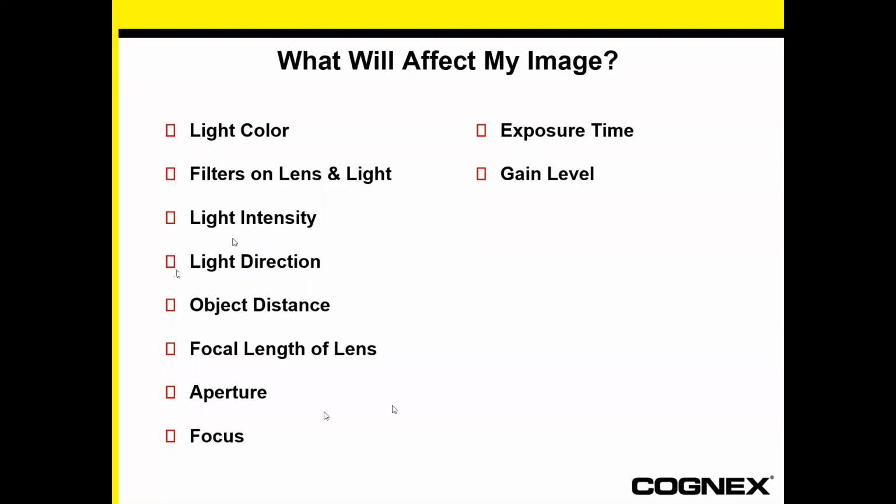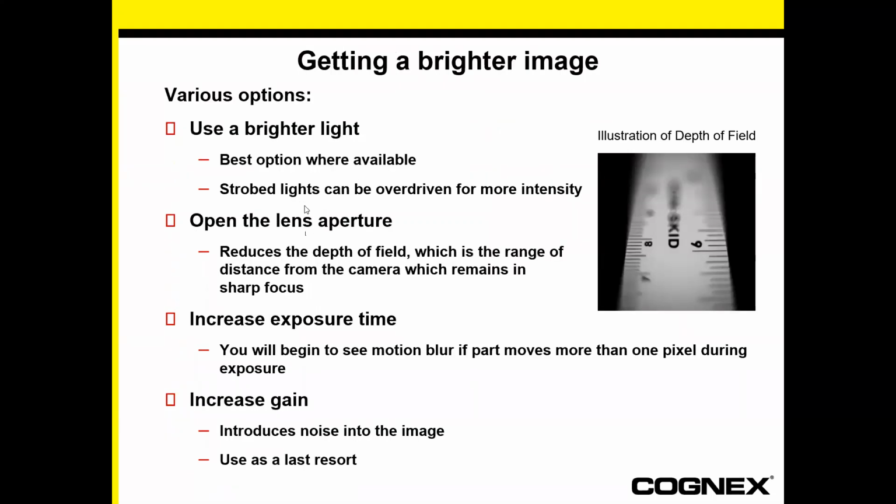So there are lots of things that we need to consider when looking at an image, because we want consistency. And I suppose this is where different lighting techniques will help to give us consistency.